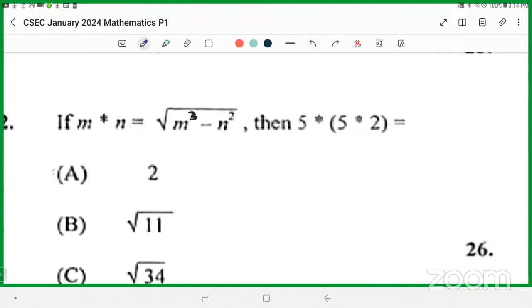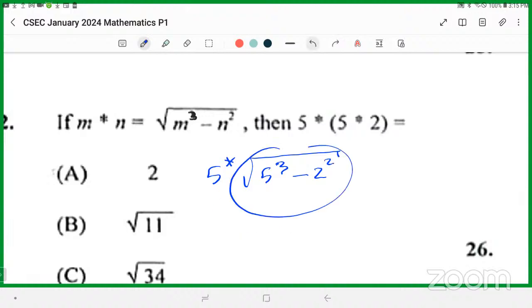It would be the square root of the first value cubed, which is 5 cubed, minus the second value squared, 2 squared.